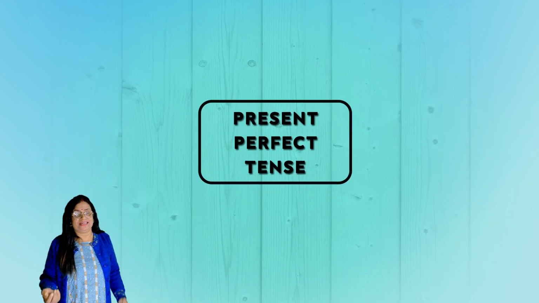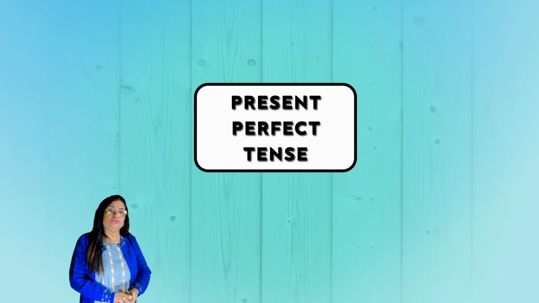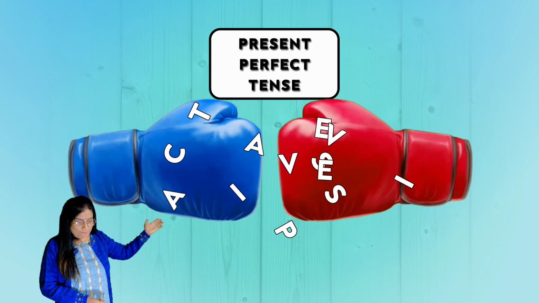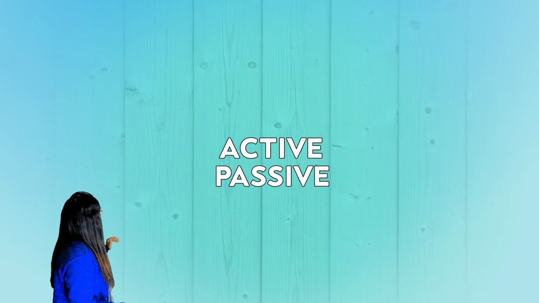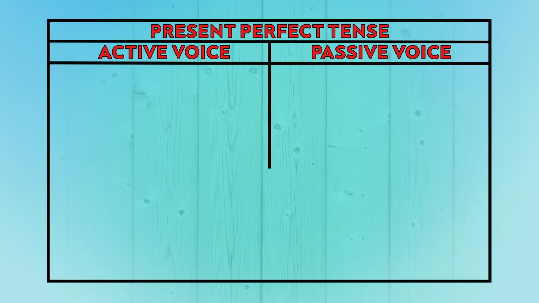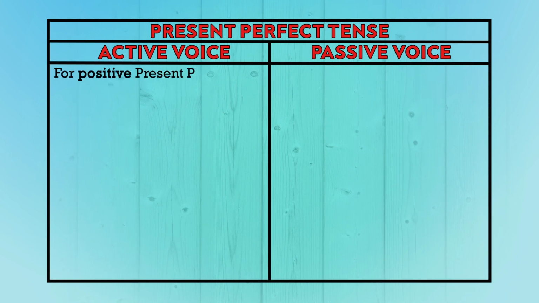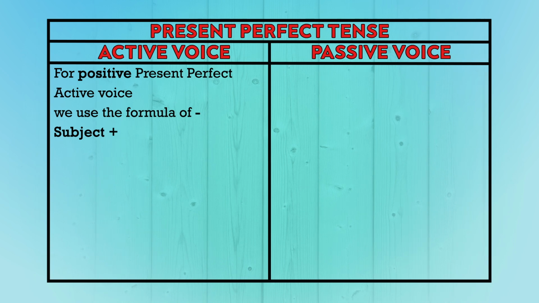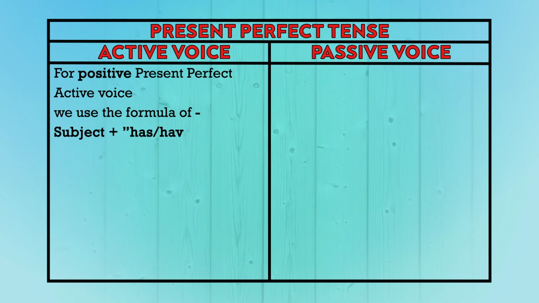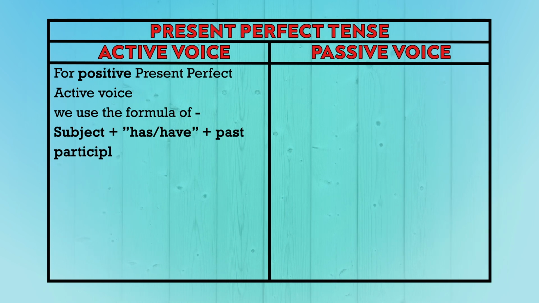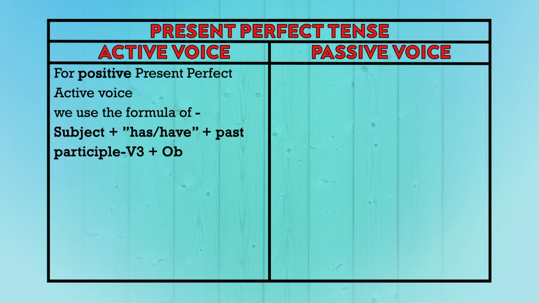Now we move on to present perfect tense. Okay, now the rules for present perfect tense to change from active to passive. In active, the structure is: subject plus has or have plus third form of the verb, that is V3, plus object.